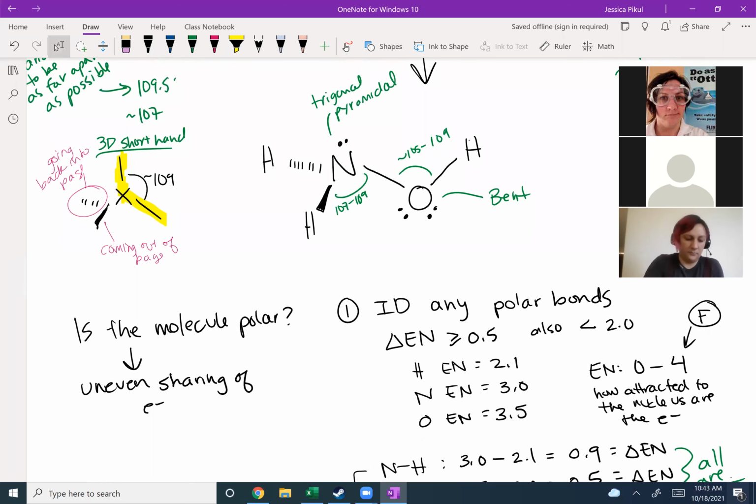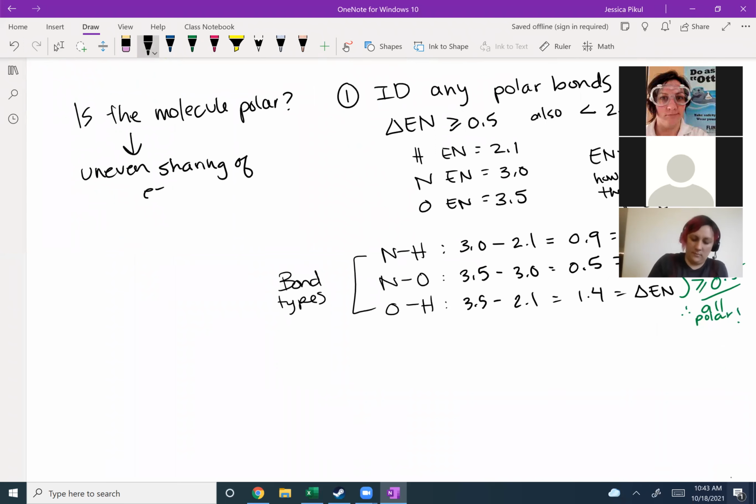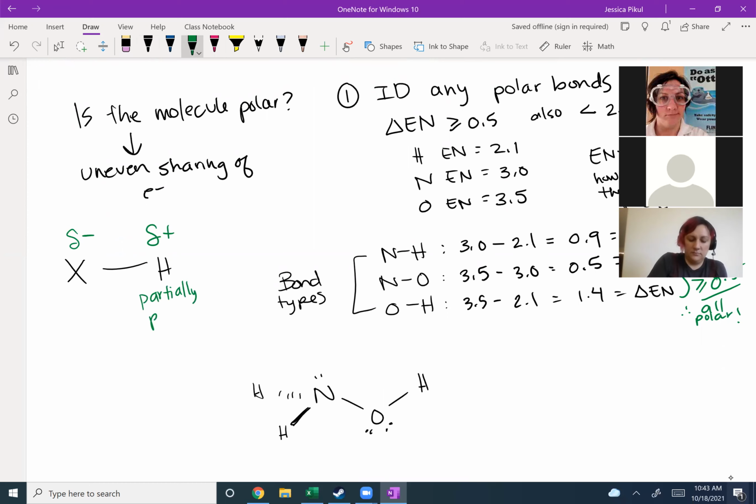It doesn't always happen. I'm going to identify that in a couple of different ways. Here, I'll draw it on the side. One way to do this is to use delta positive and delta negative symbols, meaning partially positive and partially negative.